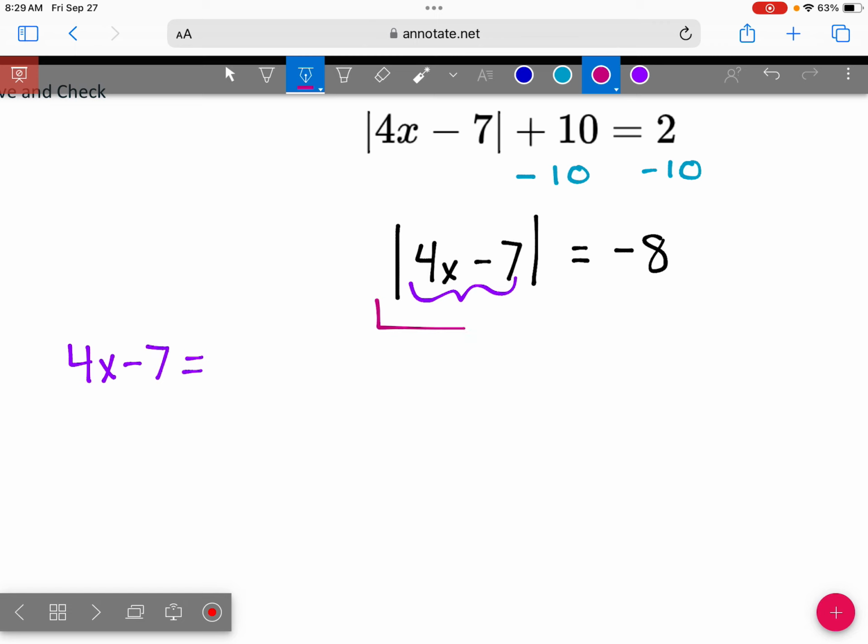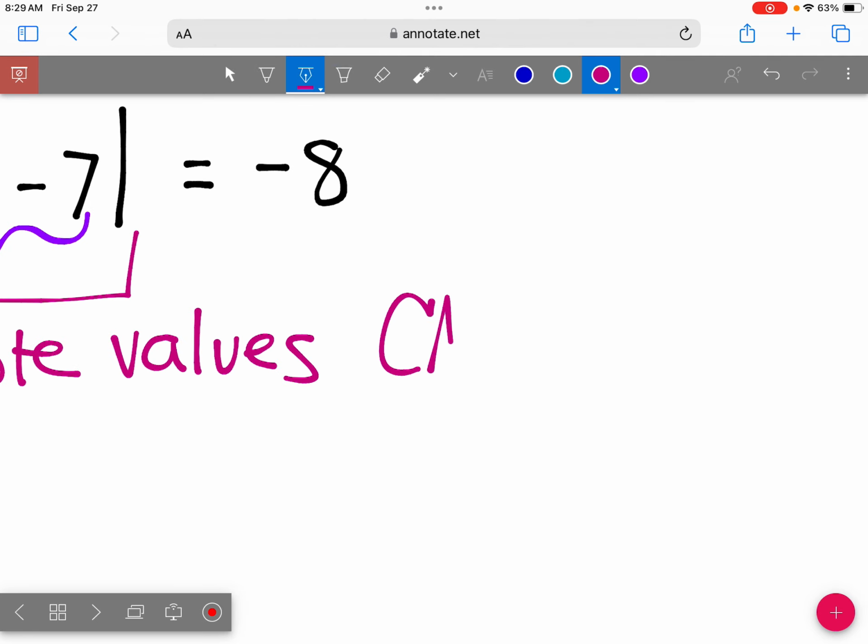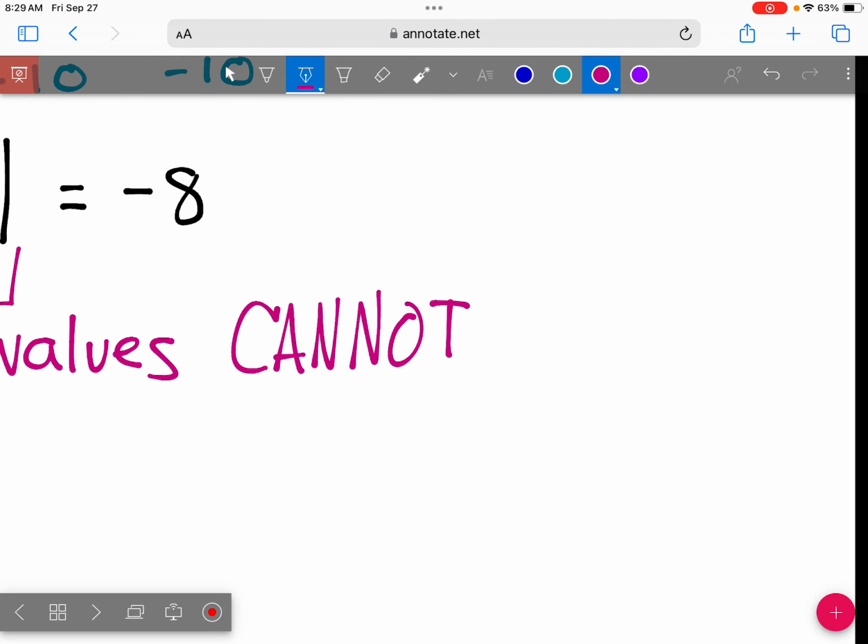But we can notice right here, absolute values cannot equal negatives. They cannot equal negatives. So is there any x in the entire existence of the universe that will make that work?